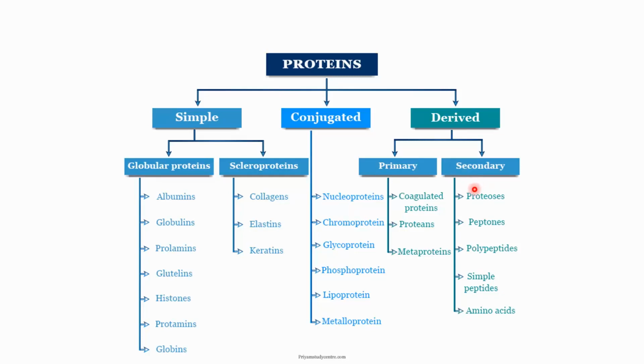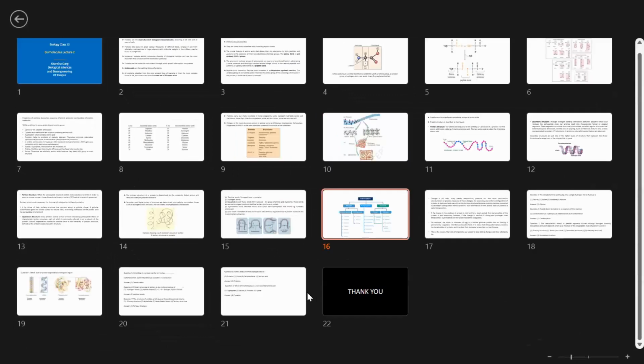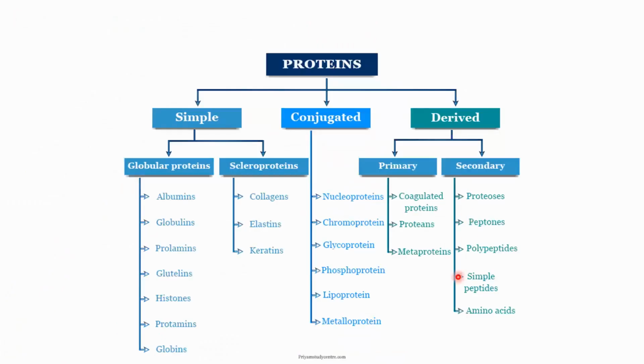For example, the protein may get digested with the help of the enzyme proteases, resulting in peptones that further lead to polypeptide formation, then peptide formation, and ultimately amino acids. So these are secondary derived proteins that are formed as a process of digestion of the proteins. So this was the classification of the proteins.